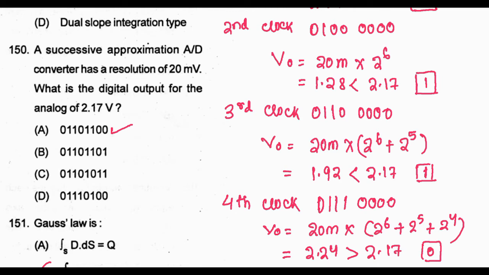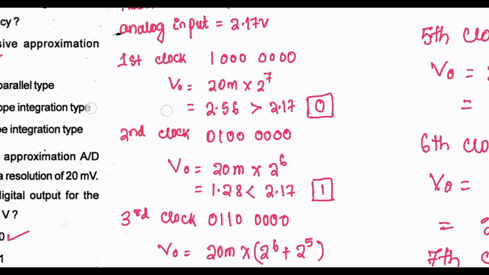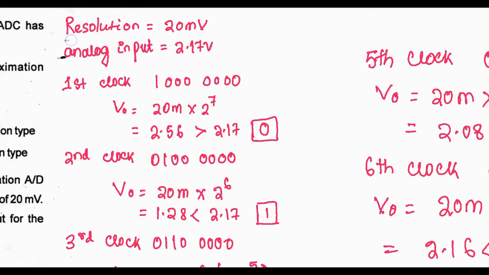So what is given? A successive approximation type analog to digital converter has a resolution of 20 millivolt. Two data are given here: one is the resolution, 20 millivolt, and the other is the analog input, 2.17 volt. We consider it to be an 8-bit system.